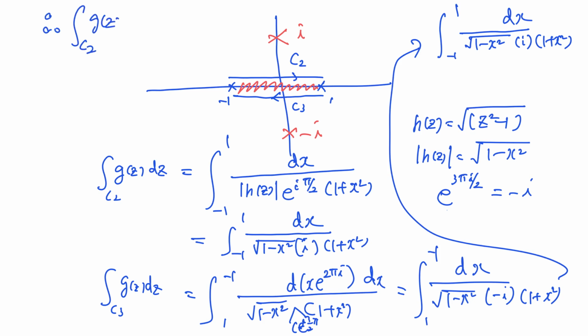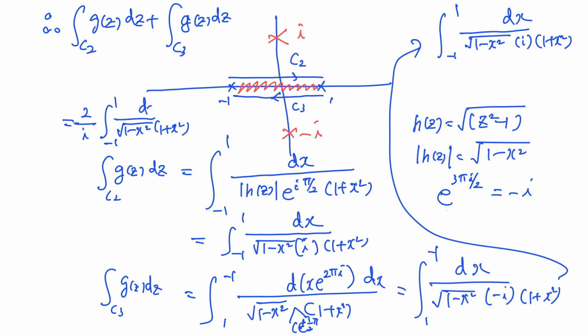Therefore, the integral over C2 of g(z) dz plus the integral over C3 of g(z) dz is actually 2 over i. Maybe I should write it down below. Equal to 2 over i times dx. This was the original integral that we want, called I, right?